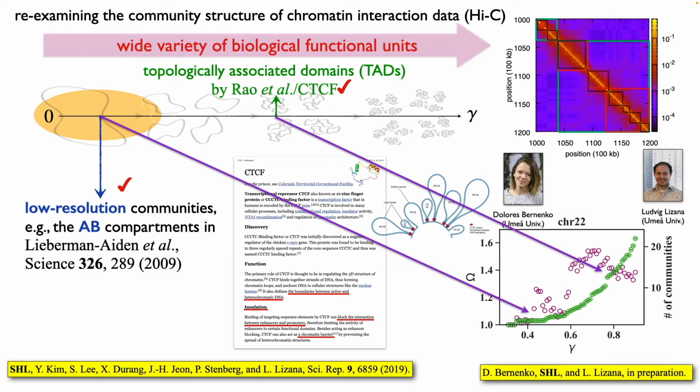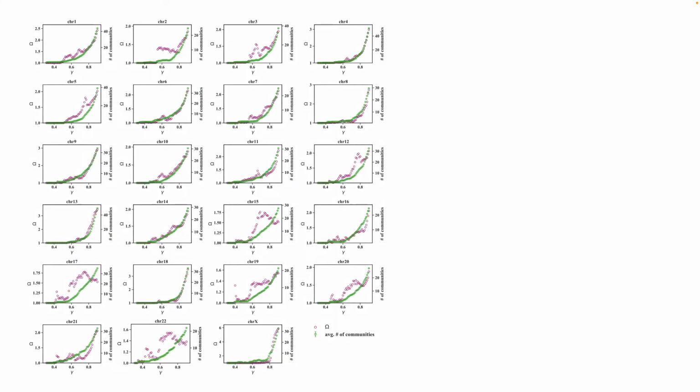So with this inconsistency analysis, we suggest to pinpoint the most reliable ranges of community scales in this Hi-C map. If you remember, the Hi-C map data I mentioned in the first part of my talk. So from the global inconsistency measure on the left, we can see the different chromosomes have different ranges of gamma corresponding to various levels of reliability.